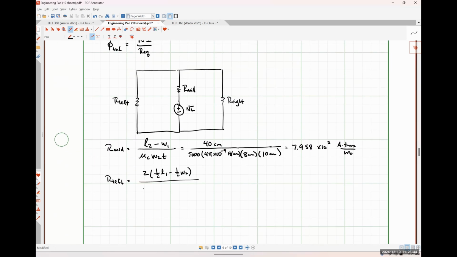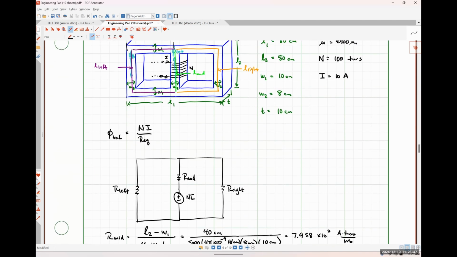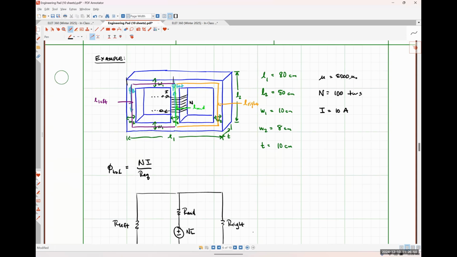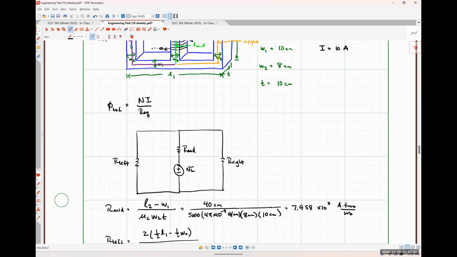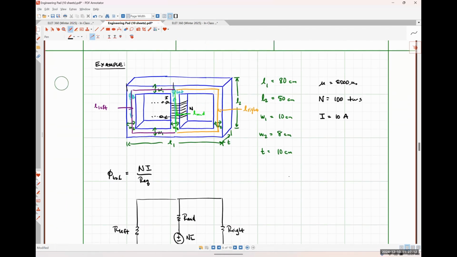And then we would have mu C. What is our cross-sectional area for that portion? W1 times the thickness T. Okay. Yes. Okay, sure. So let me extend some things here, right? So we're looking from the middle of this thing all the way out to here.